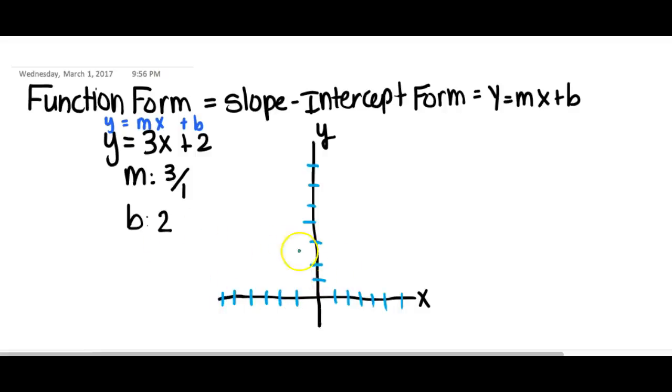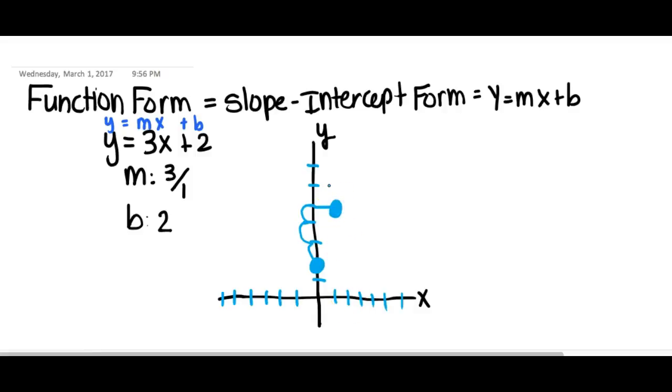So I begin at 2, and I'm going to put my dot at 2. Then my slope tells me to rise over run. So I'm going to go up 3, so we're going to go 1, 2, 3, and then we have to move over 1. I'm going to put a dot there.